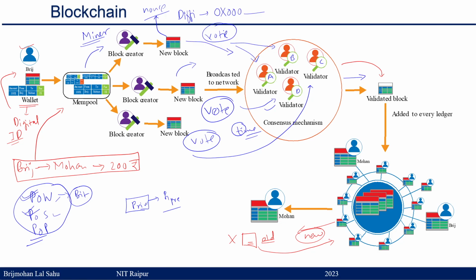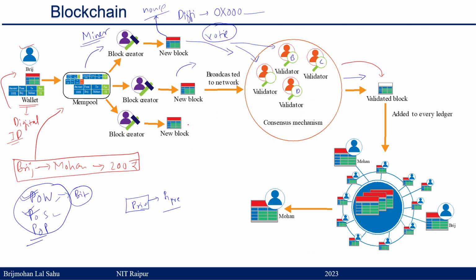Okay, there's one more good point. Suppose validators A, B, and C also all submit blocks. Suppose validators A and B agree that the block submitted by miner alpha is the valid one, and at the same time validators D and C are saying the block submitted by beta is the right one, and there is a conflict between these two groups.